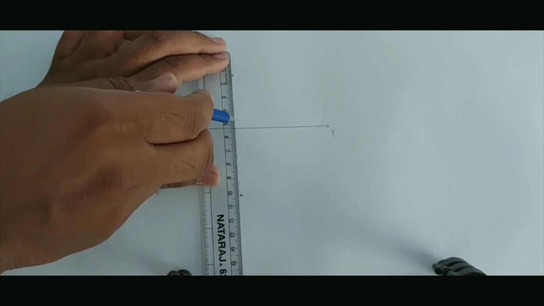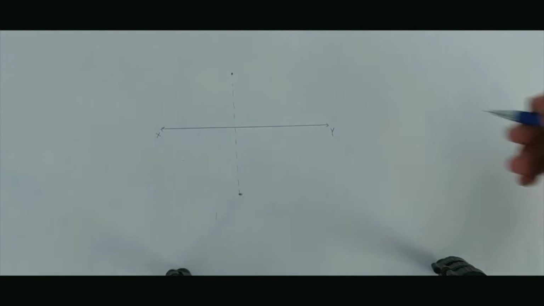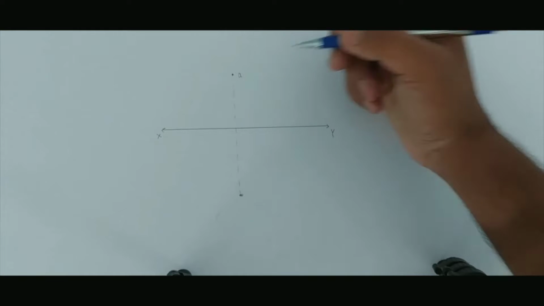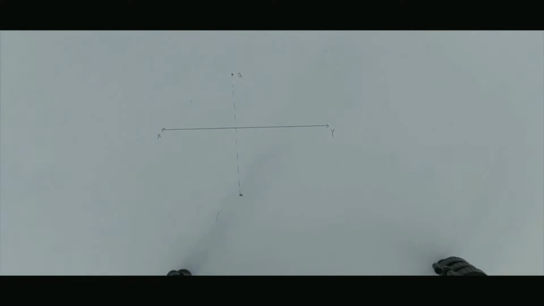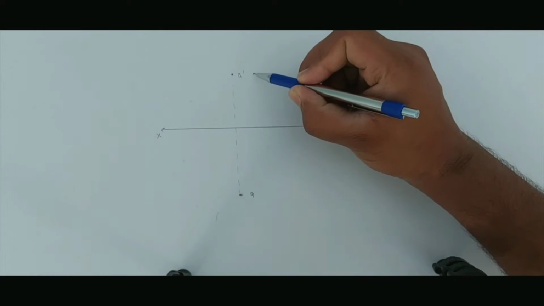So a point which is in front of it, it will be in a vertical plane only. So we should rotate it and bring it to the vertical plane by rotating it in clockwise direction.